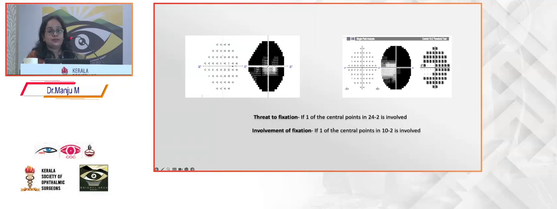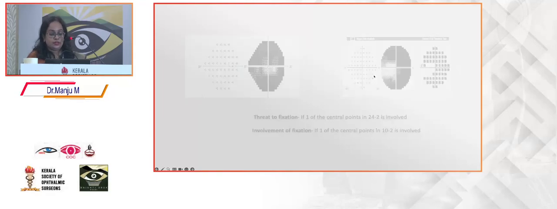And threat to fixation happens in advanced glaucomas if any one of the central points in a 24-2 field is involved. If there is any threat to fixation, it's better to do a 10-2 field to see whether there is any involvement of fixation, that is if one of the central points in 10-2 is involved.